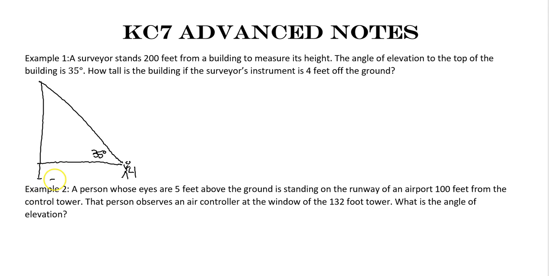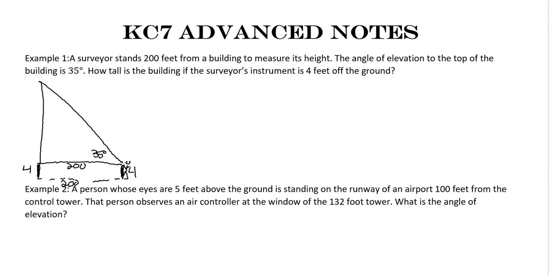I'm 200 feet from the building, whether you measure from my eyes or my feet, so that doesn't make much of an impact. But I do have a 4 over here, equal to the height of my equipment.